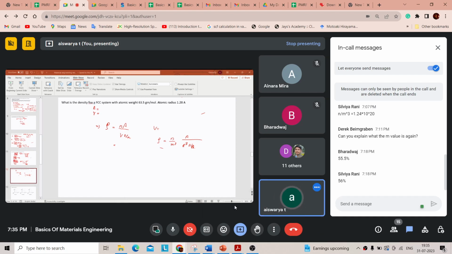Please keep it in the chat box. What is your answer? What density value have you got?